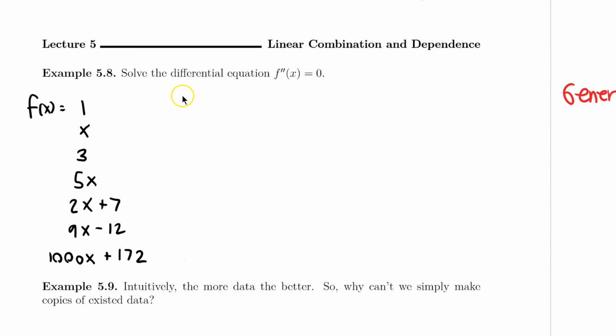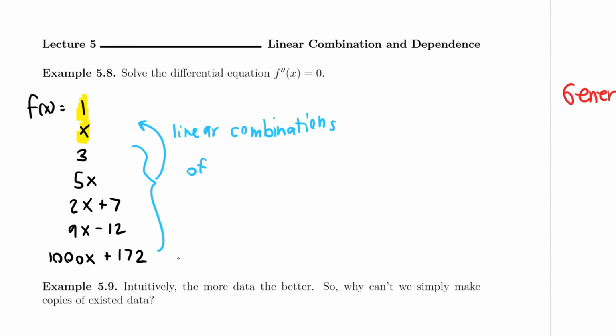But if you examine them closely, you'll see that the only two original answers are all we need, because all these are basically just linear combinations of the two. All the ones that we have down here are just linear combinations of 1 and x.